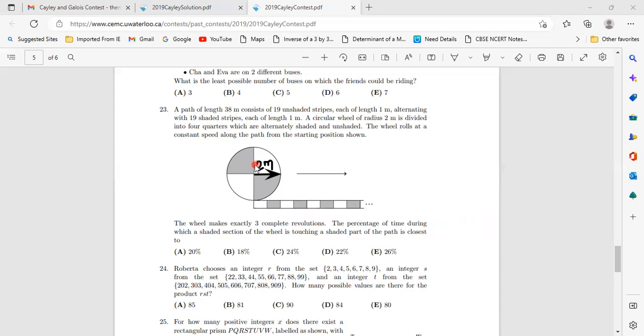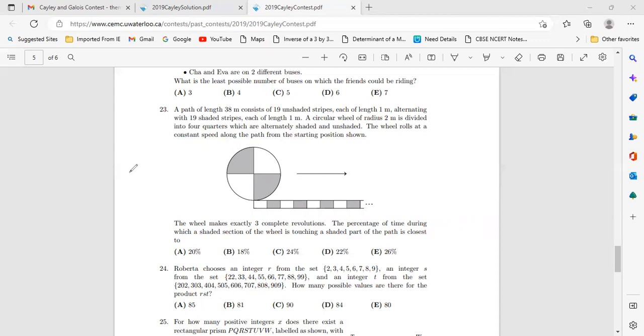So when the circular wheel rotates, when the revolution happens, the circle and path meet each other, right? So now you will be discussing the circumference of the circle. You would be relating the circumference of the circle to the path.